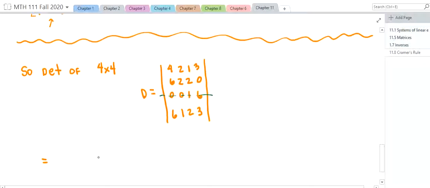Okay? So I'm going to end up with 0 times the associated cofactor, plus 0 times the cofactor, plus the next number is 1 times the cofactor, plus 6 times the cofactor here.